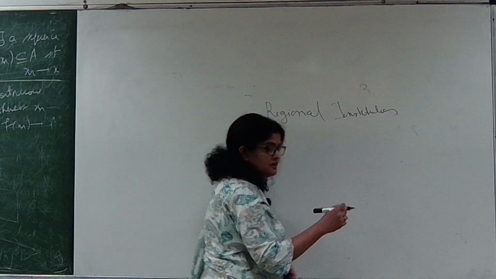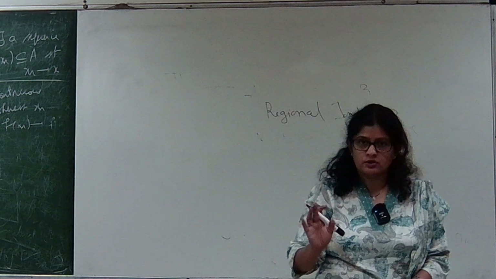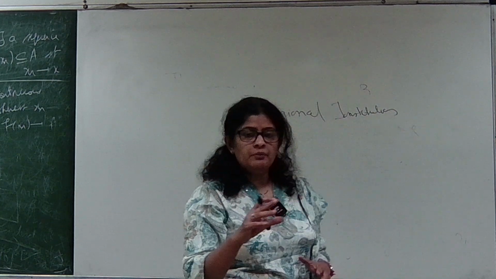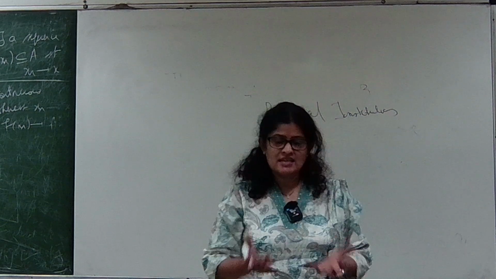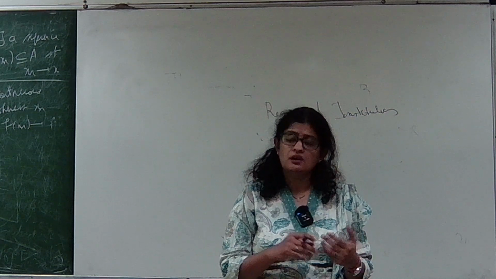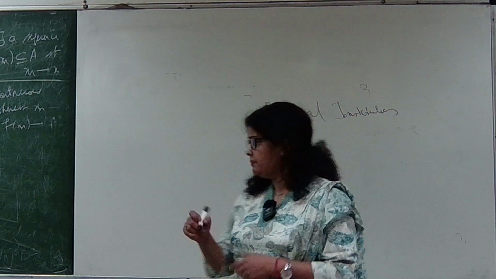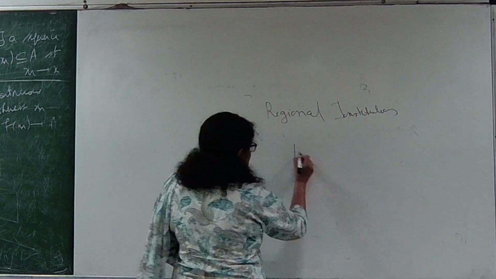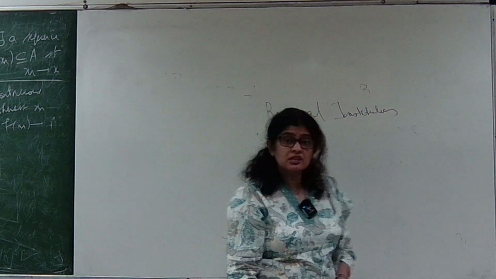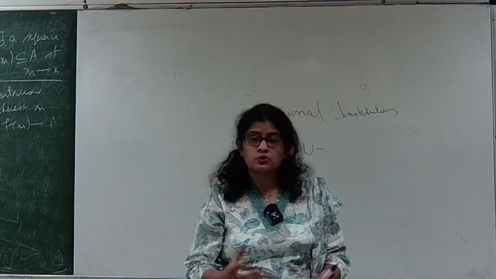See, IMF, World Bank, WTO, these are international, but as we are going international, we will talk about everything in the context of the entire globe. Everyone has heard about the European Union. So what is this European Union? The 27 European nations came together.